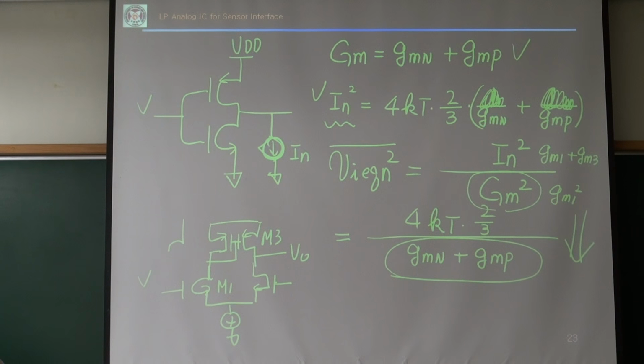I don't quite understand your question. Say you are talking about this GM value when it works around the logic threshold. Logic threshold is around half VDD.